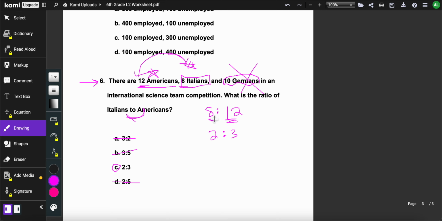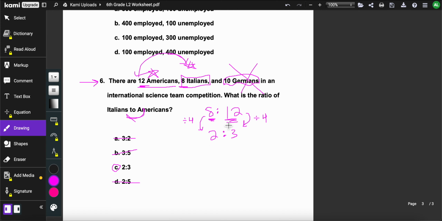Also, if it's hard for you to immediately think that 8 is divisible by 4, which is the highest number that both 8 and 12 are divisible by, it's always okay to say, hey, 8 is divisible by 2, 12 is divisible by 2. That gives us 4 to 6, and then we know that both of them are divisible by 2.